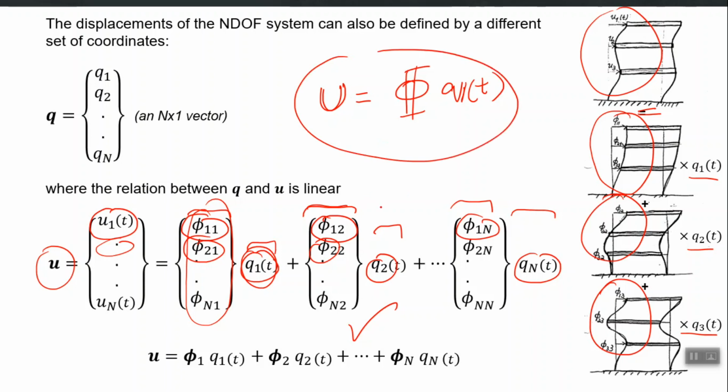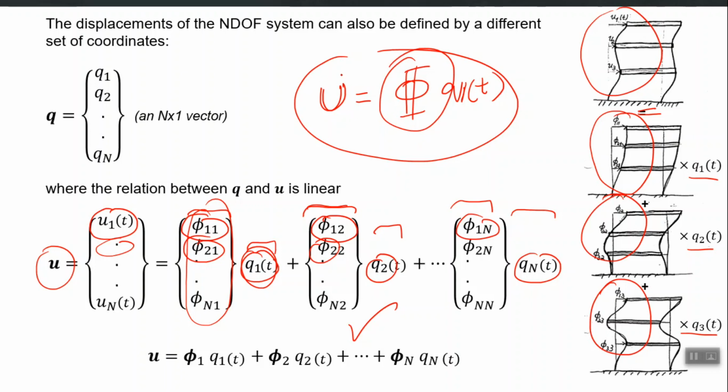It takes our problem from u coordinates to q coordinates, right, and phi is a matrix containing all those independent vectors as columns. Phi is sometimes called the transformation matrix, which converts our problem from u to q.